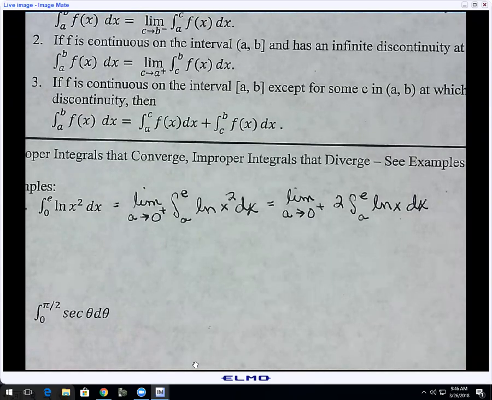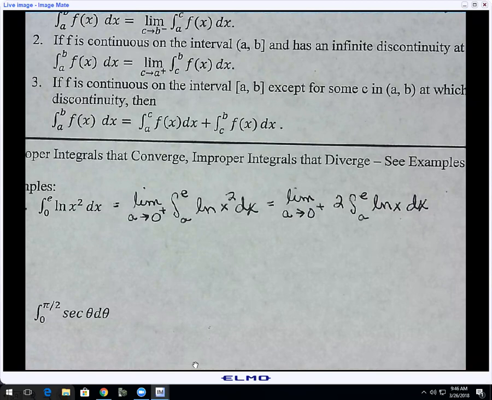What does it take to integrate that? Do I know the antiderivative of natural log of x? It takes integration by parts. Either that or a formula. And I'm not going to give you a formula if there's some other way you know how to integrate it.